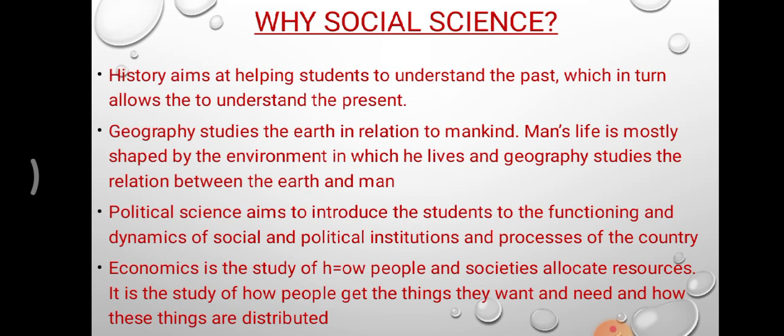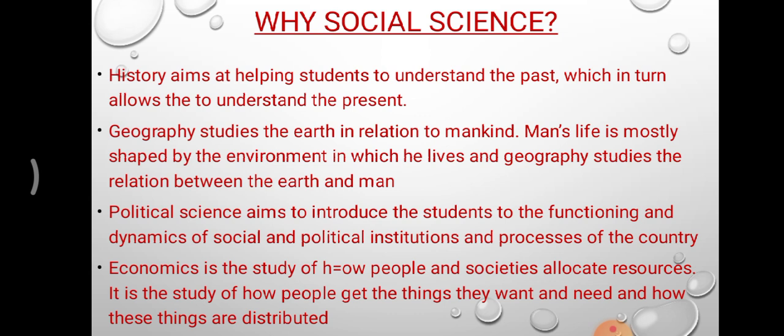Why is social science important? History aims at helping students to understand the past, which in turn allows them to understand the present. Geography studies the earth in relation to man.